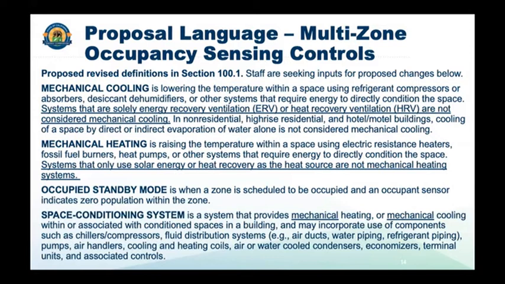This is to propose changing heating to mechanical heating, and similarly changing cooling to mechanical cooling. And this is all for the multiple sensing controls related to the mechanical side or the space conditioning side.